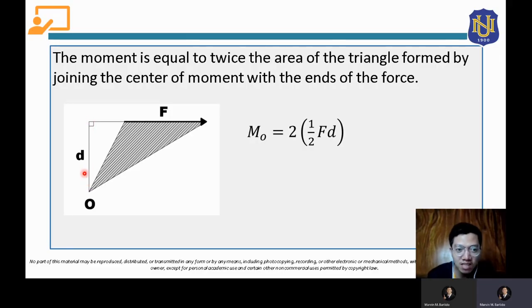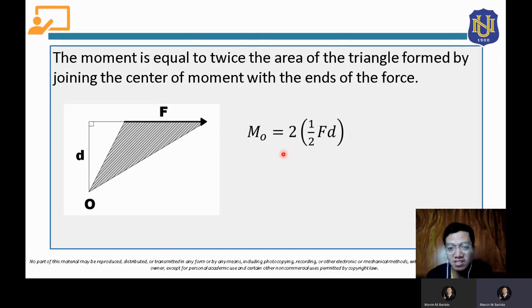So this perpendicular distance will be the height of this triangle. So the area for this triangle will just be one half F times d. Now twice that quantity, as mentioned in this definition or concept, will be the moment of the force about point O.